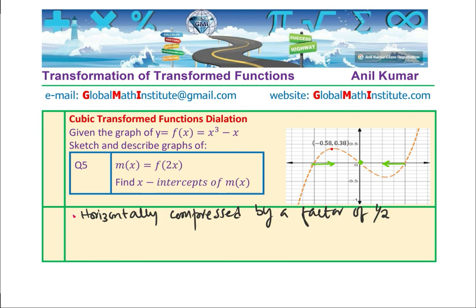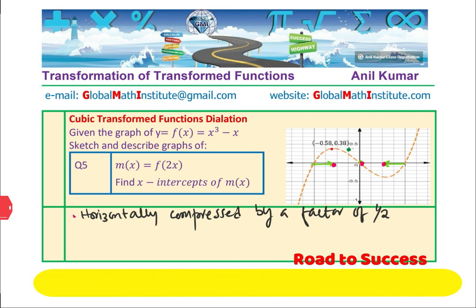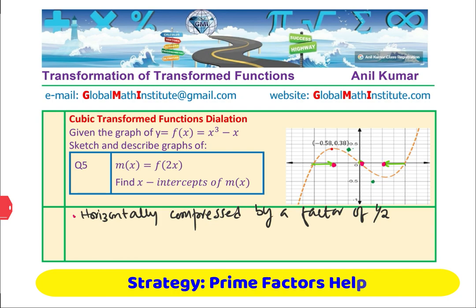So the x-intercepts now will be at these points, which I'm highlighting with red. The maximum and minimum values will also come closer halfway, right? So approximately I'm putting them closer, right?